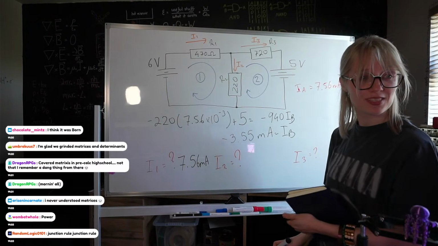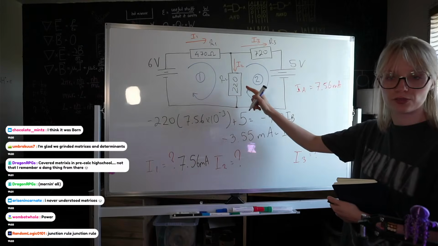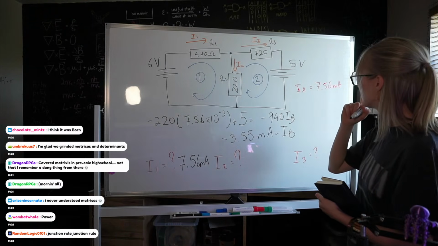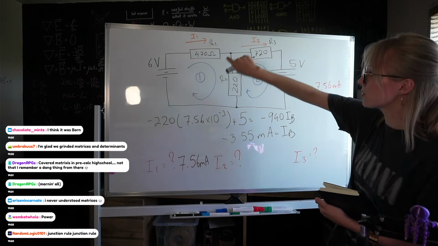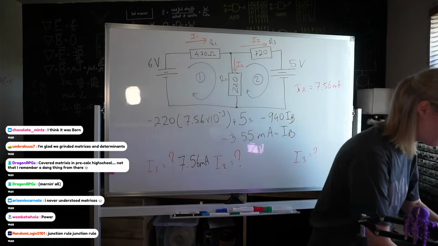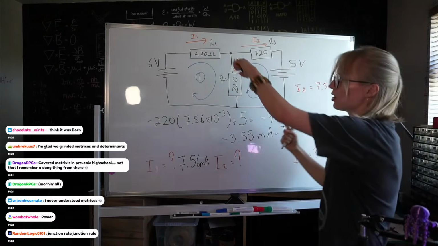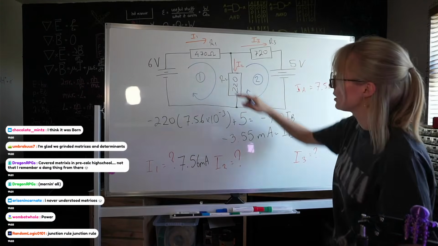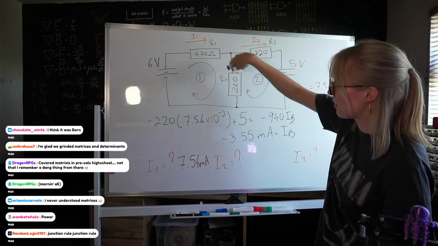Easy peasy, lemon squeezy. Let's look at R2 now. Well, this is problematic. We have current going in this way, and then we have loop theory going in this way. So we have opposing currents in one direction. Let's say we took this to be positive.